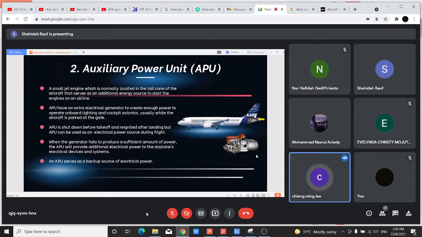Once your generator fails, you don't have your electrical supply from the generator, so you have to get it from another source like your battery, APU, your ram air turbine, all these things.